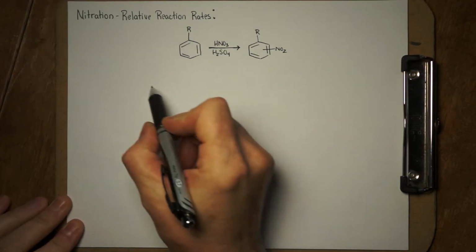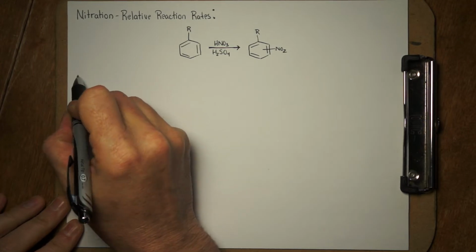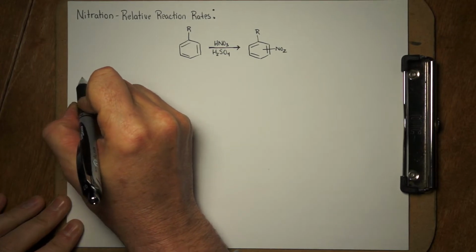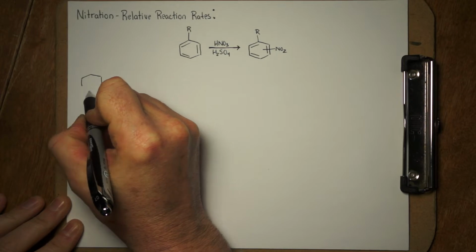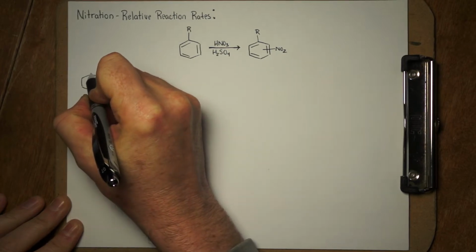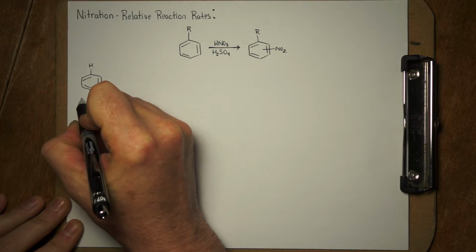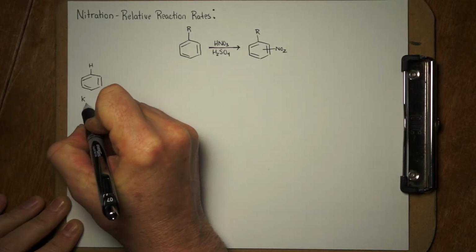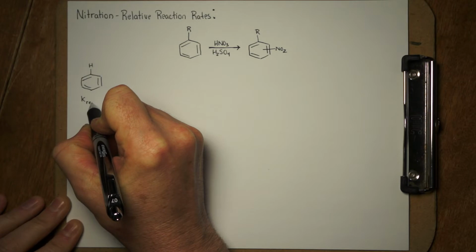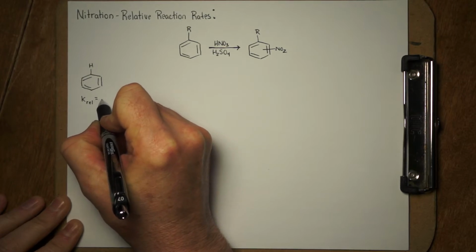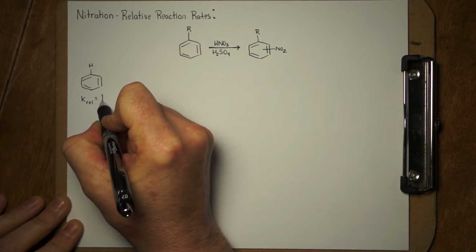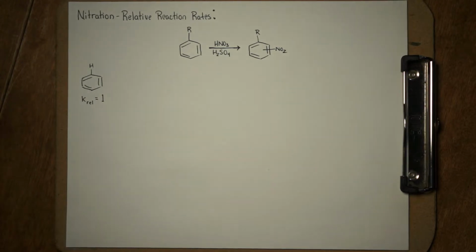Okay, and so if we start off with benzene, where R is just hydrogen, we can say that the relative rate constant, which we'll refer to as K-rel, is going to be 1. All right, so we're not saying that this is the absolute rate constant for the electrophilic nitration of benzene.